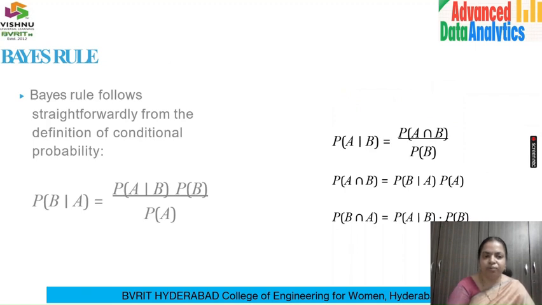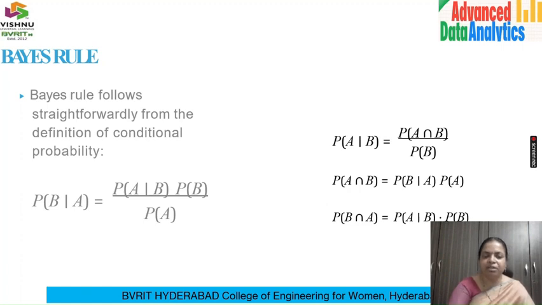And Bayes rule. Bayes rule is similar to conditional probability. Say I want to find the probability of B given A, that is conditioned on A. Then we need prior information. P of B given A is called the posterior, and P of A given B is called the prior.